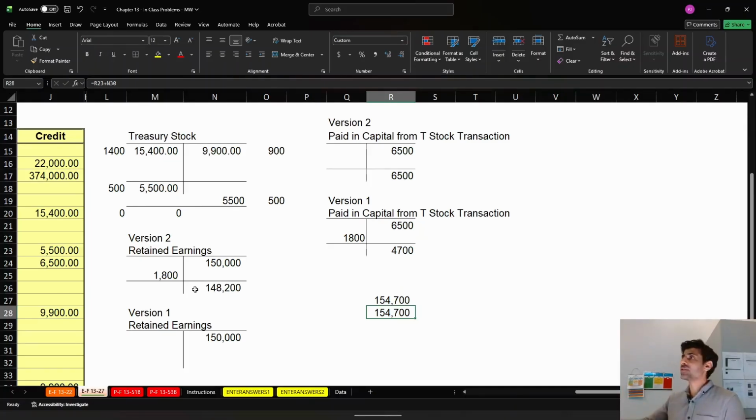Version 1, again, was the traditional order that the problem was stated in. Version 2 is when I just reversed the order. But the end point, the net change to equity, is the same. It's just, again, been split because the order did matter as to how we were going to account for it.